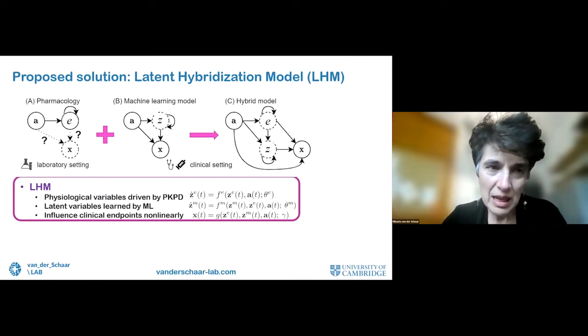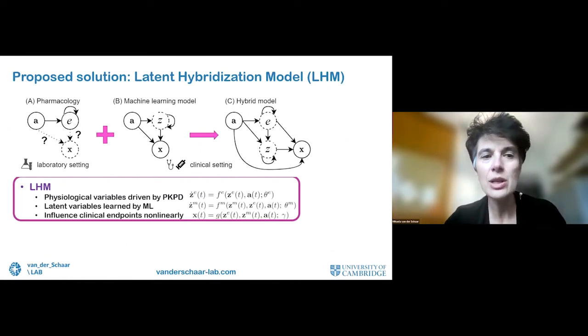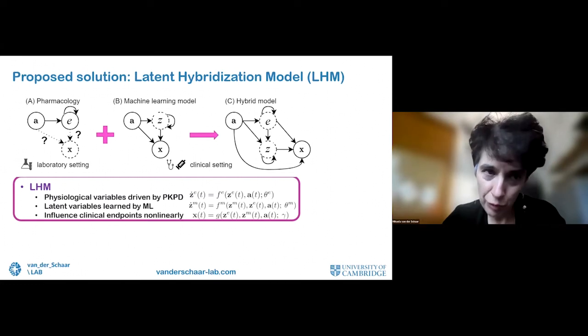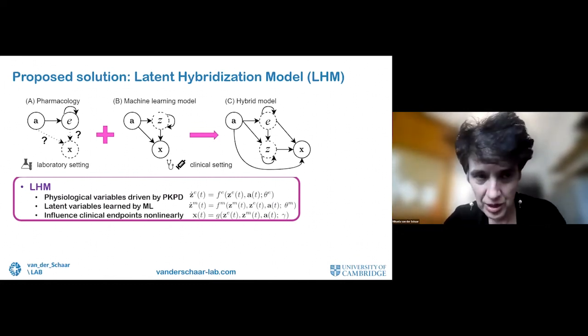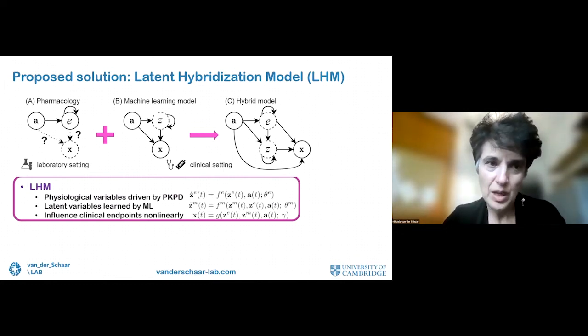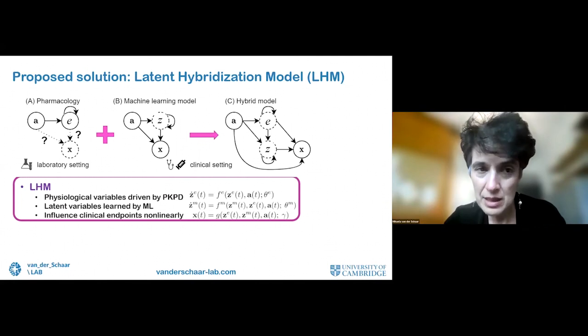I'm showing here an example of one particular pharmacological model, but the reality is that you can use many others. And also, while I'm showing here an example from pharmacology, you can also embed other settings, for instance, from physiology, from biology, or epidemiology. So you can take an expert model that you have developed in the lab and embed it in a similar way in a machine learning model.